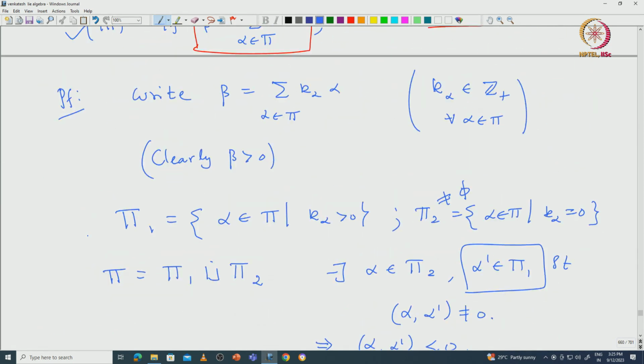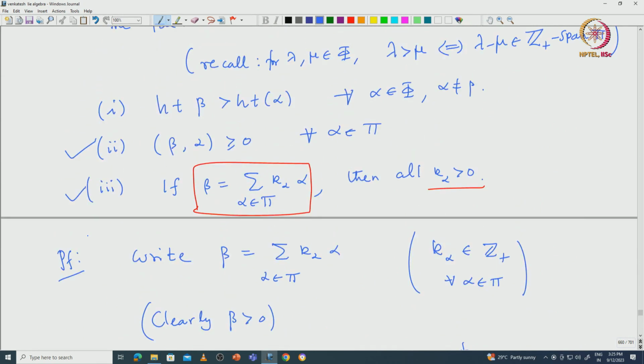We also have that the height of beta is greater than the height of alpha. For example, if alpha is negative, then since beta is positive, the height of beta must be greater than a negative number, so there is no issue. If alpha is positive and the height of beta is the same as the height of alpha, then that forces beta to equal alpha.